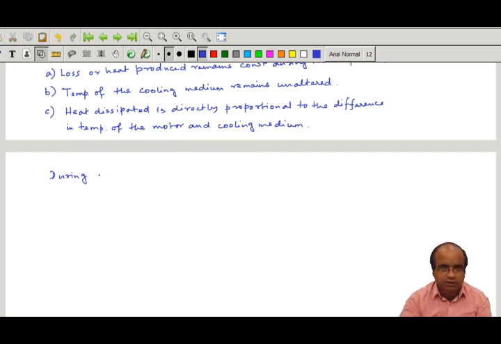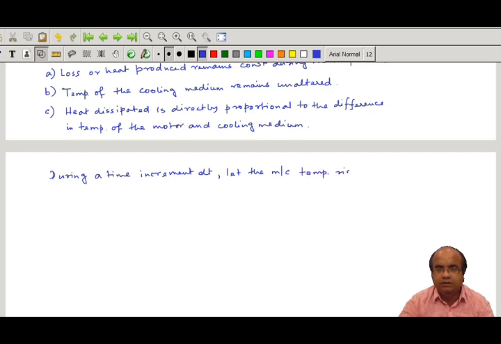During a time increment dt, let the machine temperature rise be d theta.